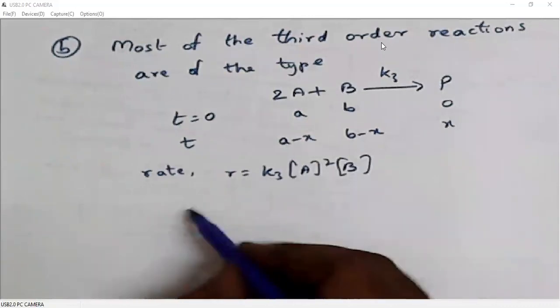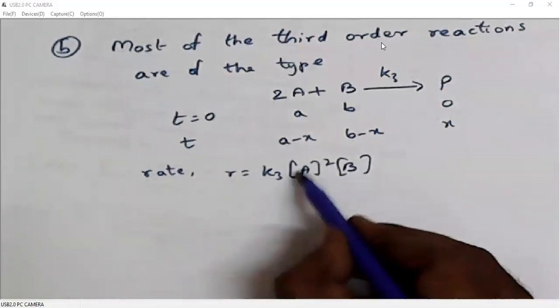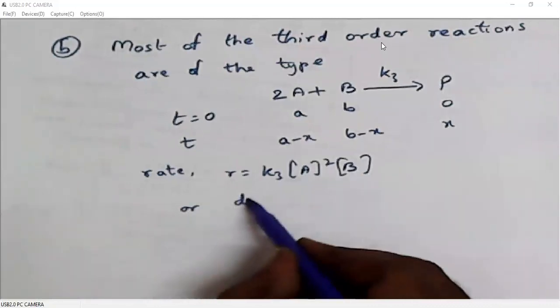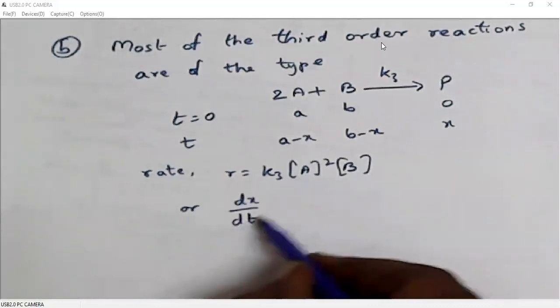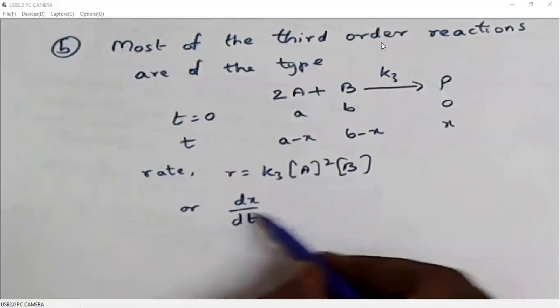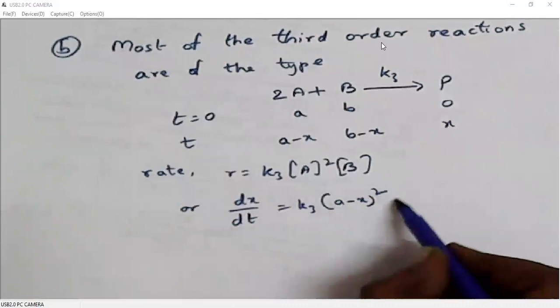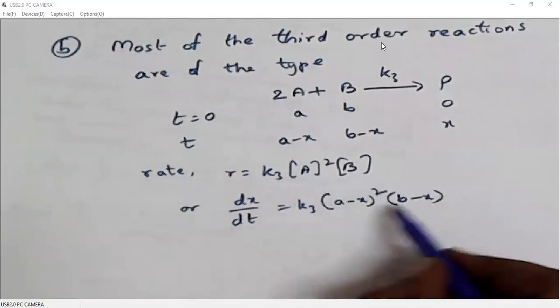Or in terms of differential form, because it is difficult to integrate two terms, what we will do is we will take differential form dx by dt with respect to product is equal to k3 into (a minus x) whole square and (b minus x).